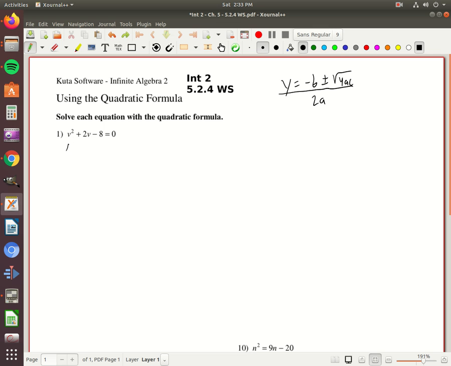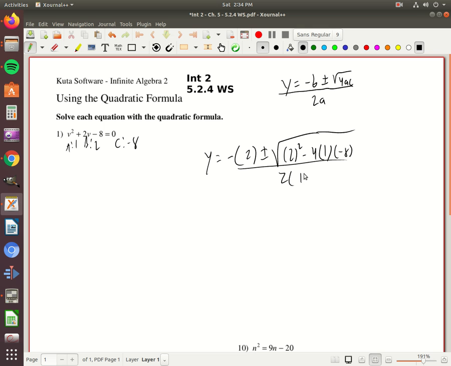But anyway, so here a is 1, b is 2, c is negative 8. So we're just going to say y equals negative 2 plus or minus the square root of 2 squared minus 4 times 1 times negative 8, all of that over 2 times 1. So negative 2 plus or minus the square root of 4 plus 32 over 2.